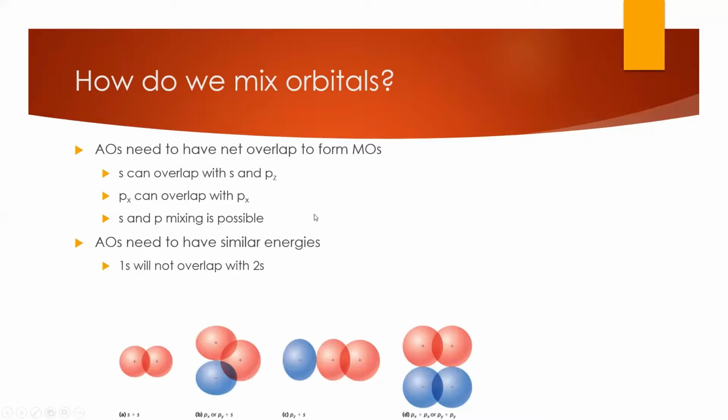Another thing that needs to happen is that the atomic orbitals need to have similar energies. Another way of saying this is that they have to be on the same quantum number. So the 1s orbital will not form any overlap with the 2s orbital or the 2p orbitals. Now, this might seem arbitrary, but as we saw when we did quantum mechanical calculations for lab 2, we looked at some of those molecular orbitals in lab and saw that the lowest energy molecular orbitals were basically 1s electrons around the given carbon atoms that we were talking about.